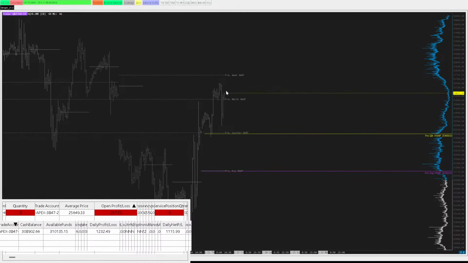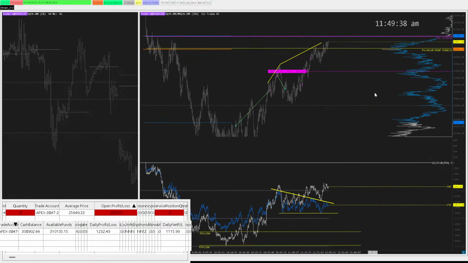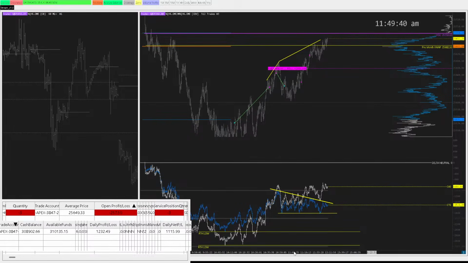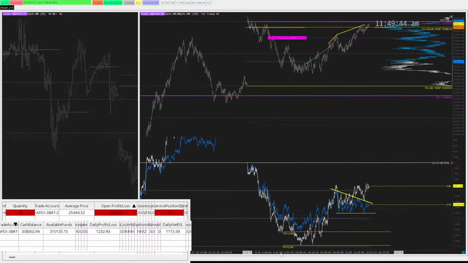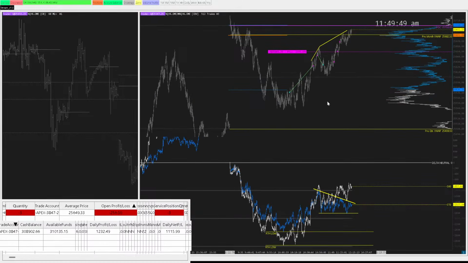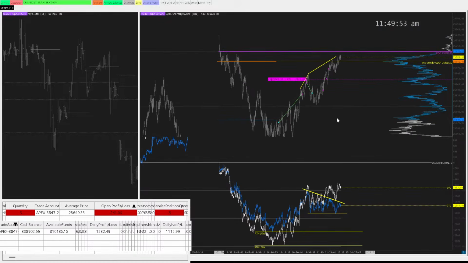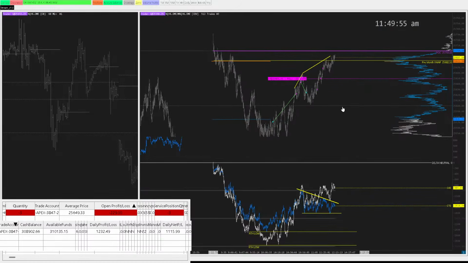Right, so this is where we're at. Still a gap down there, but there might be just so much passive buying that it doesn't quite reach back down.